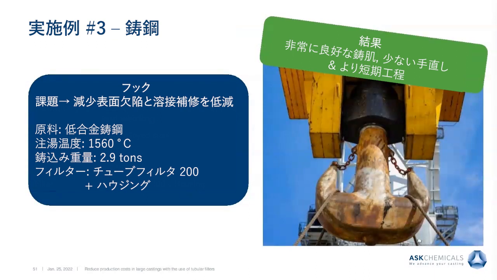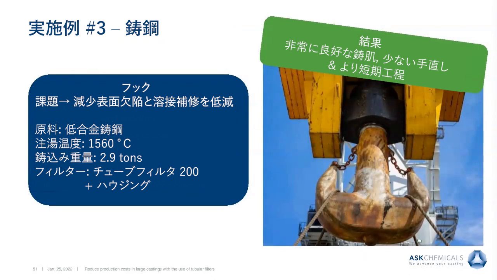Now we will switch over from iron to steel. Here you can see the casting is called a hook. Not more, not less, a simple hook. But here the challenge was that no work was allowed at the casting, and also no welding, and grinding was allowed only in some parts of the casting.